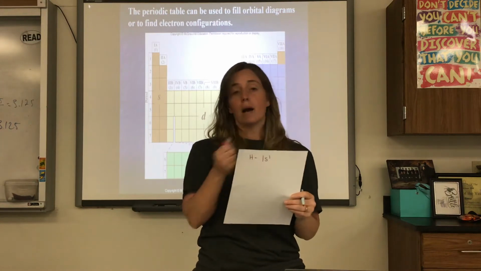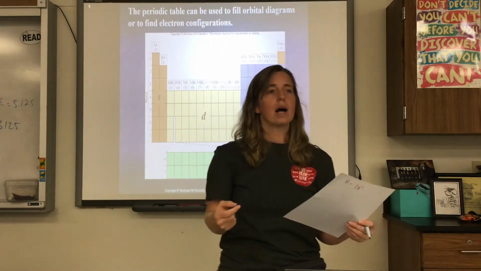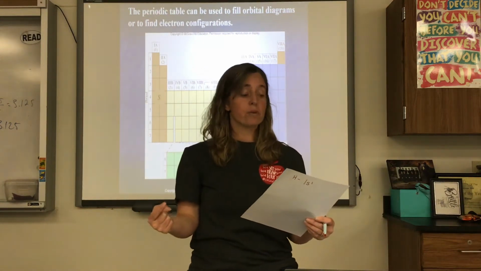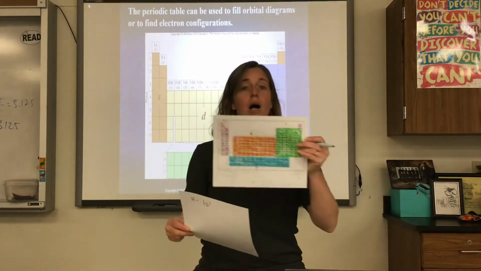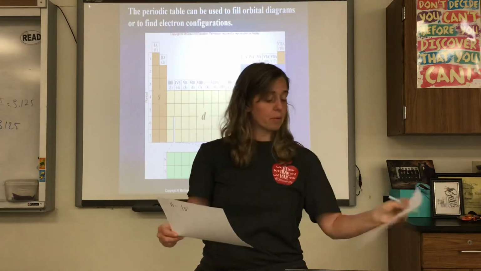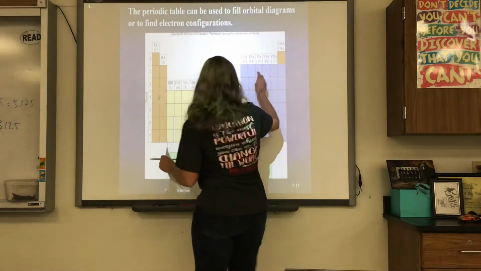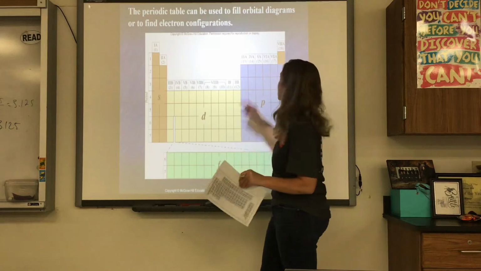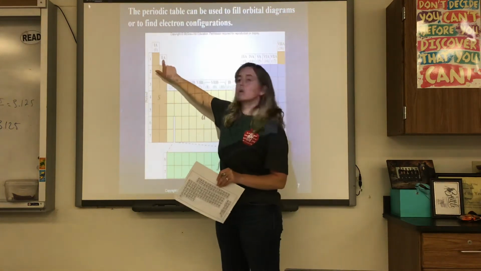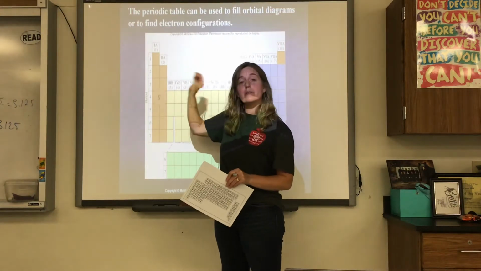Now, how would I write a configuration for, say, helium, which is right next to hydrogen on the periodic table? Well, I'm going to do the same thing. When we write electron configurations, helium is actually right next to hydrogen, okay? That's why I had you color it the same color.